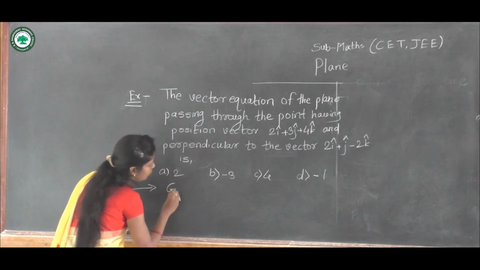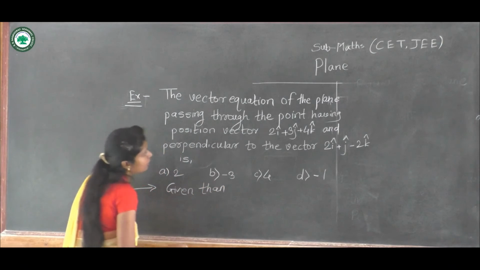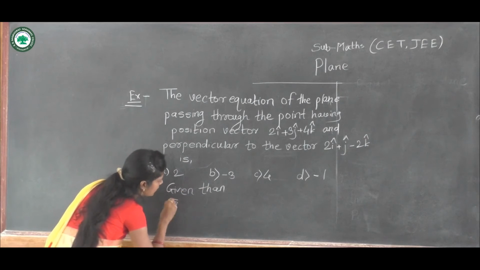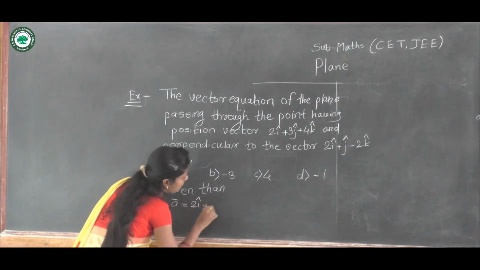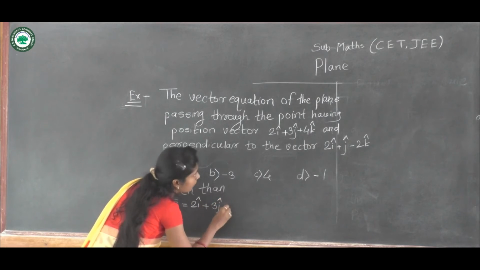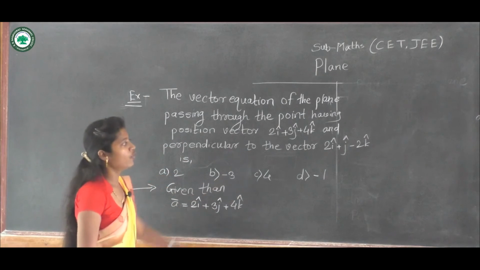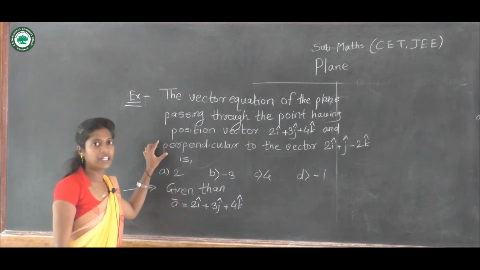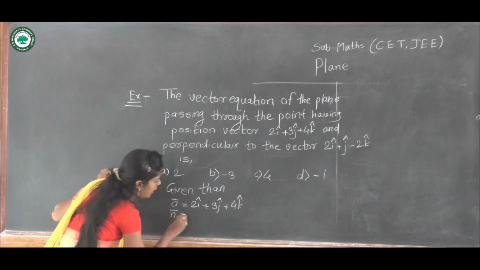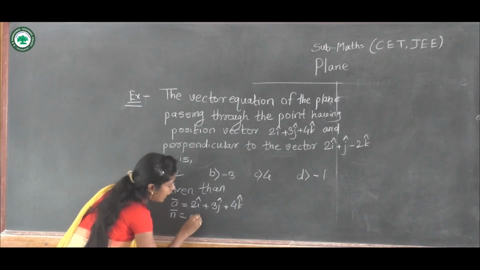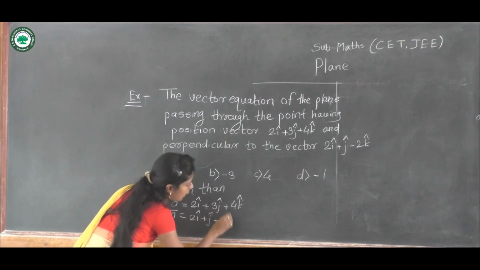Given that, first write: position vector means a bar, that's equal to 2i cap plus 3j cap plus 4k cap, and perpendicular to the vector. Perpendicular to the vector means normal. Normal means n bar. N bar is equal to 2i cap plus j cap minus 2k cap.